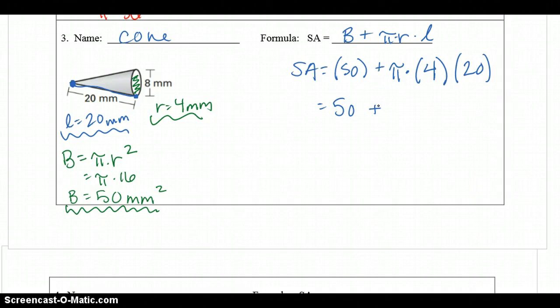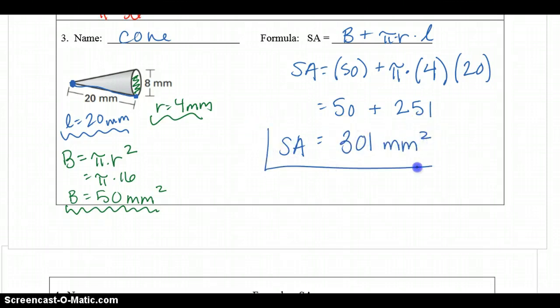Pi times 4 times 20 will give us approximately 251. If we add 50 to that, we get that our final surface area is 301 millimeters squared. Right? Questions on number 3.